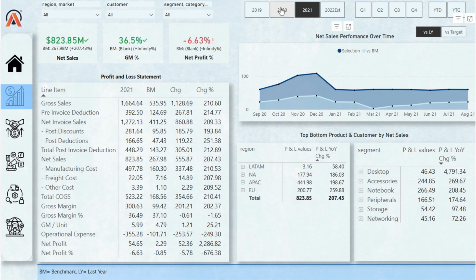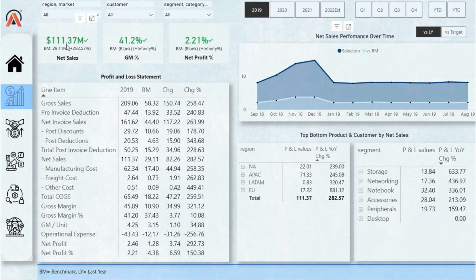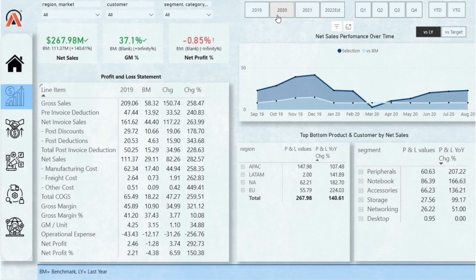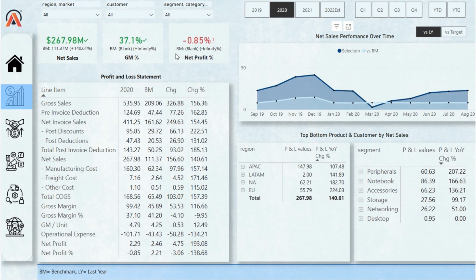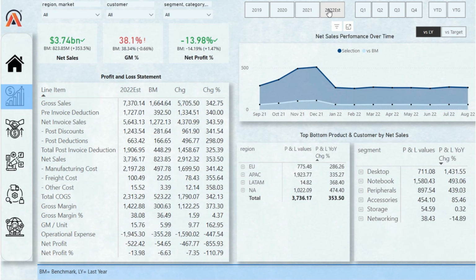Previously, in 2019, it was 111 million. In 2020, it went up to 267 million, and in 2021 it was 823 million, and in 2024 it was 3.7 billion. So as you can see, the trend is very clear here.